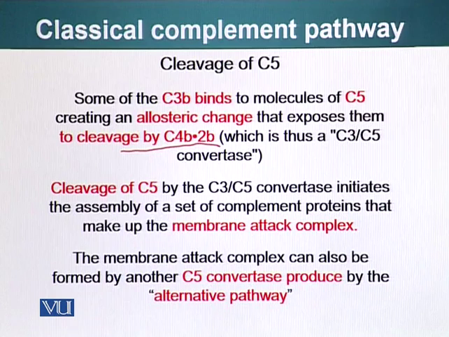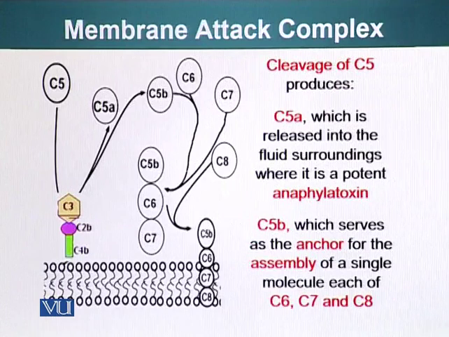The membrane attack complex can also be formed by another C5 convertase produced by the alternative pathway, which we will talk about subsequently. But here let's see how this membrane attack complex is assembled. We have talked about C5 getting cleaved.